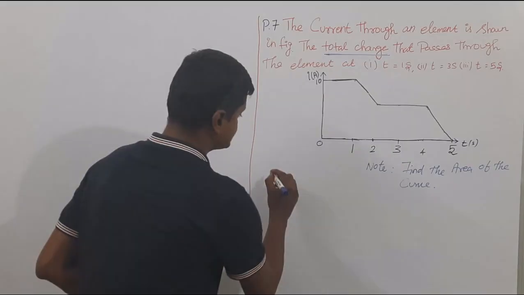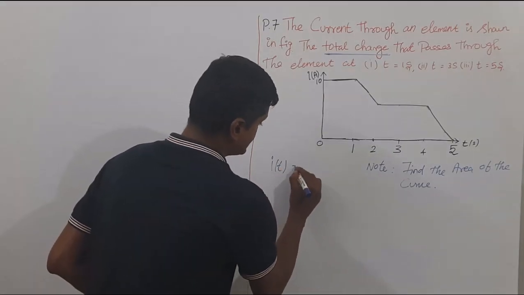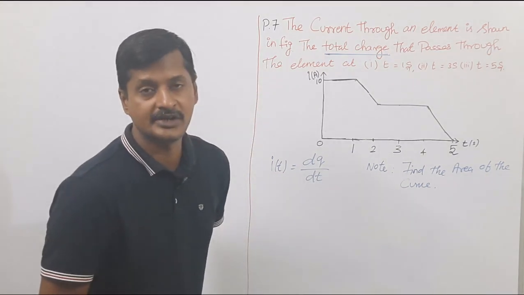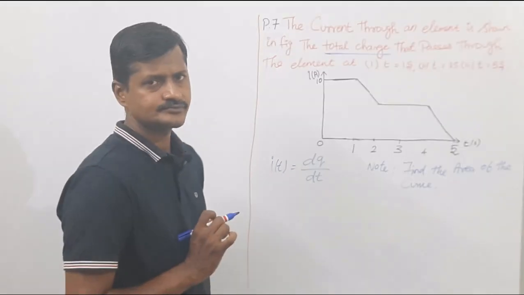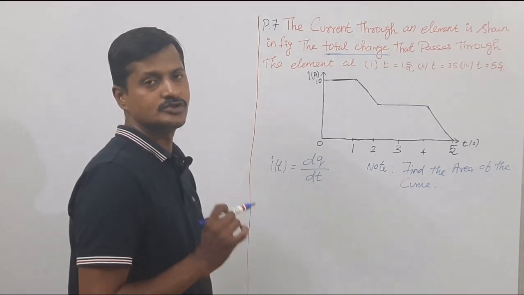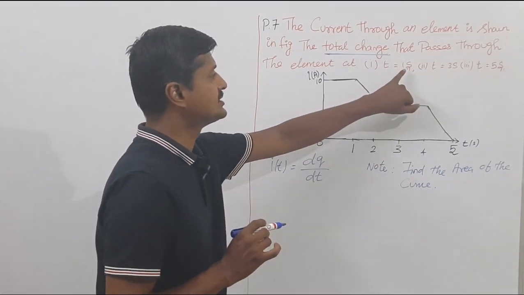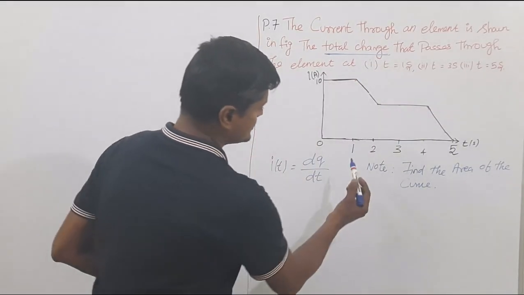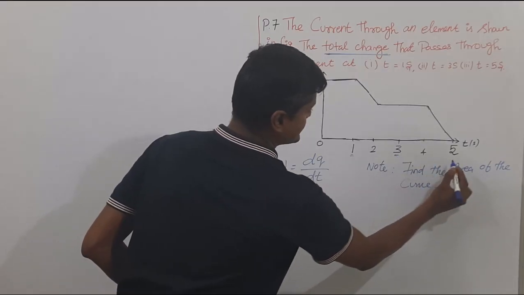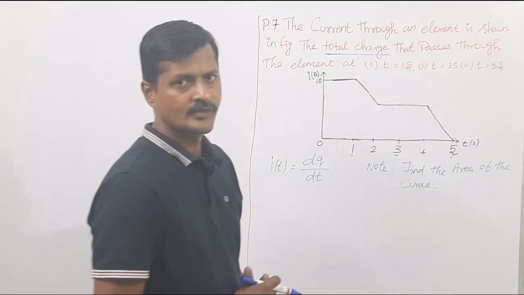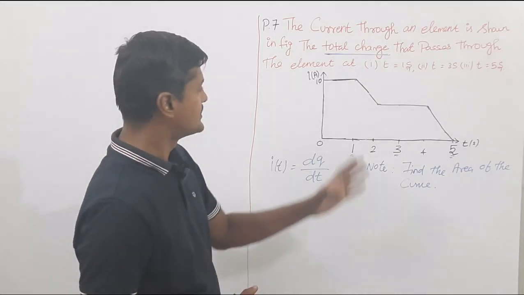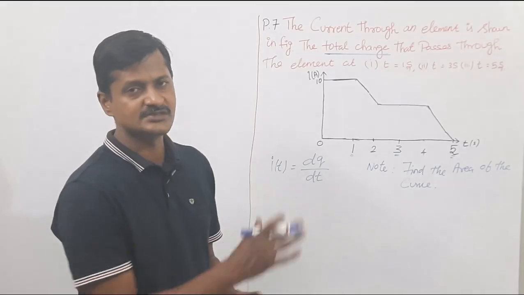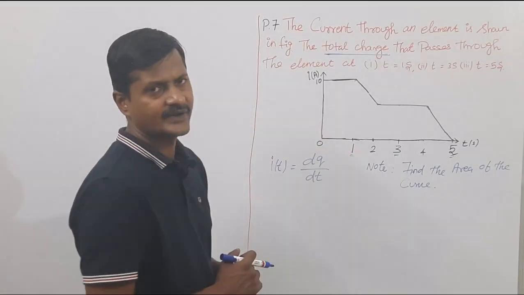Okay, so the basic equation is I of t equal to dq divided by dt. So what solution do we need? We need to find the charge at 1 second, 3 seconds and 5 seconds. So here this is 1 second, 3 seconds and 5 seconds. Now to calculate the area of this curve, we have to split the curve and then find the area.